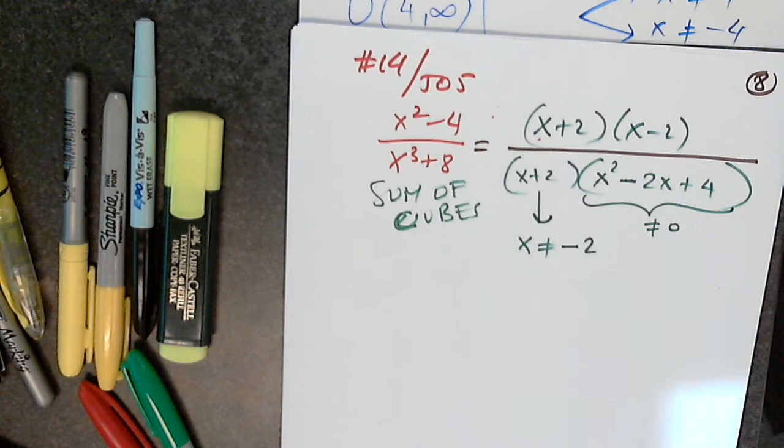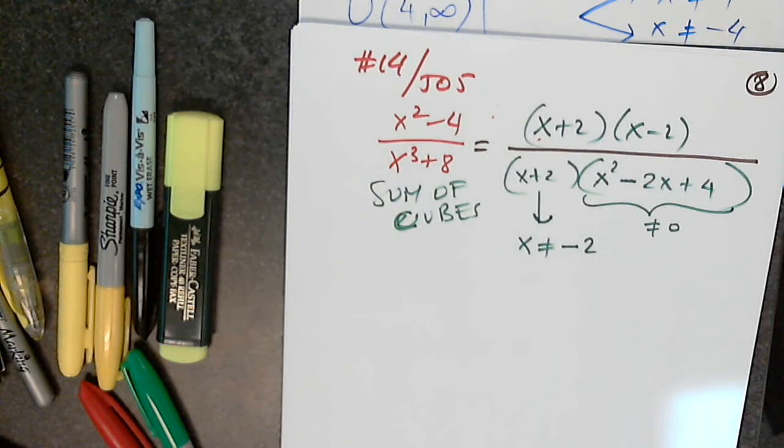Very easy to show. Here it is. If you want to plug it in to check, you plug in x squared minus 2x plus 4. Looking carefully, negative b over 2a will be 1.